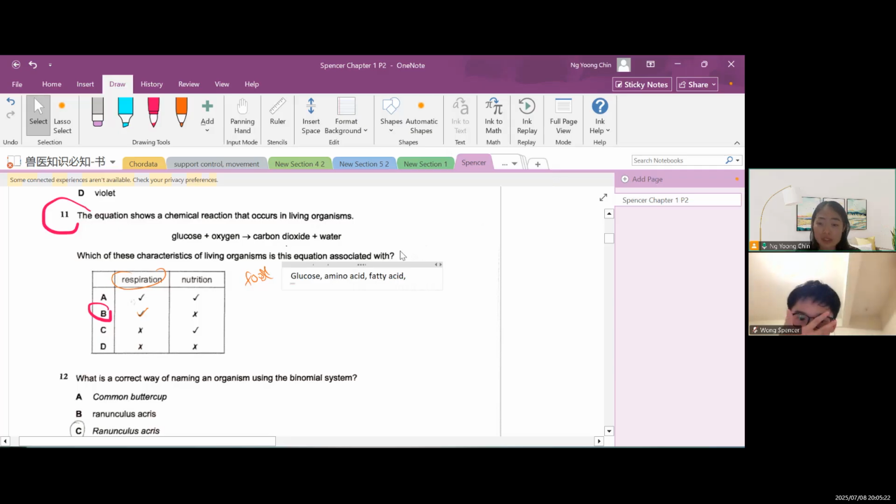The bloodstream will travel until they enter our body cells. So this is not really related to this thing, right? So the answer is B, okay? It's nutrition. It's respiration.